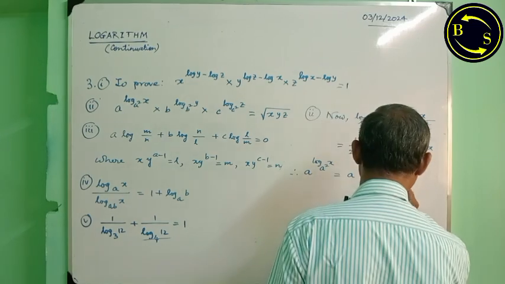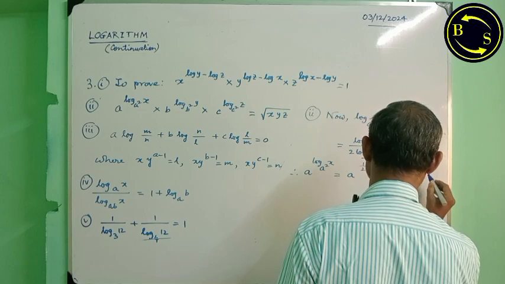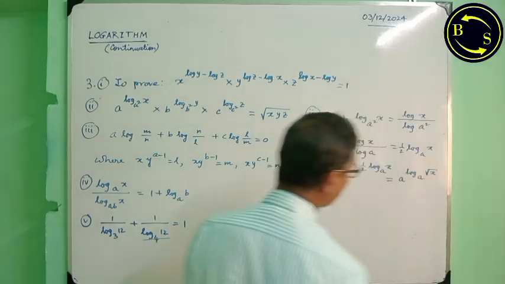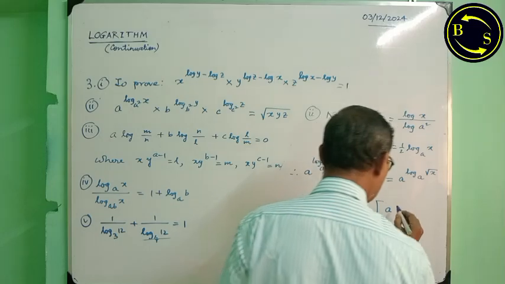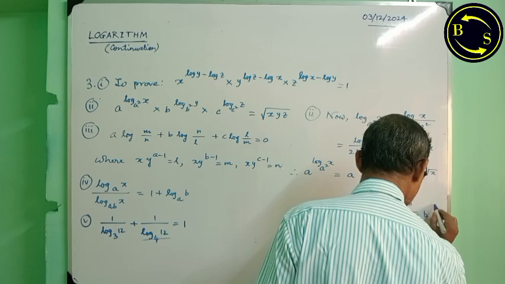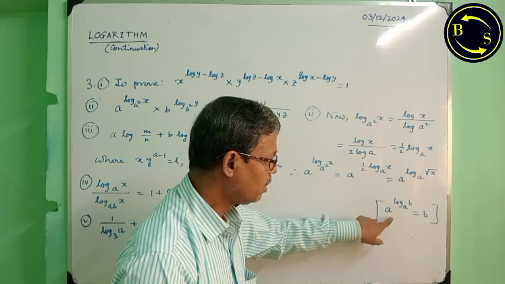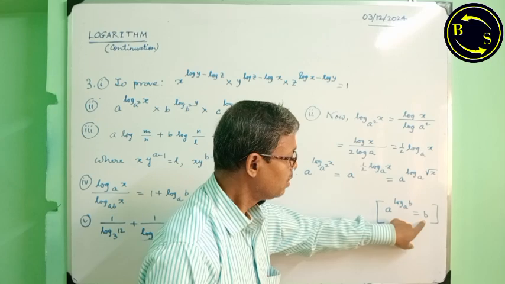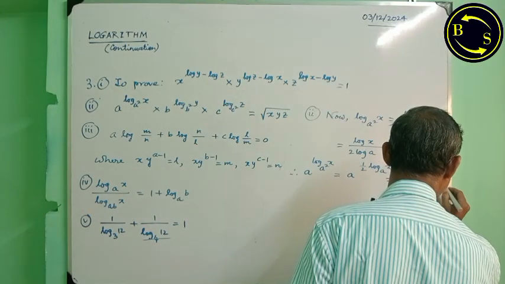Already we have learned in the earlier class, we use now the formula a to the power log of b to the base a is equal to b. Therefore, value of this one is nothing but root x.